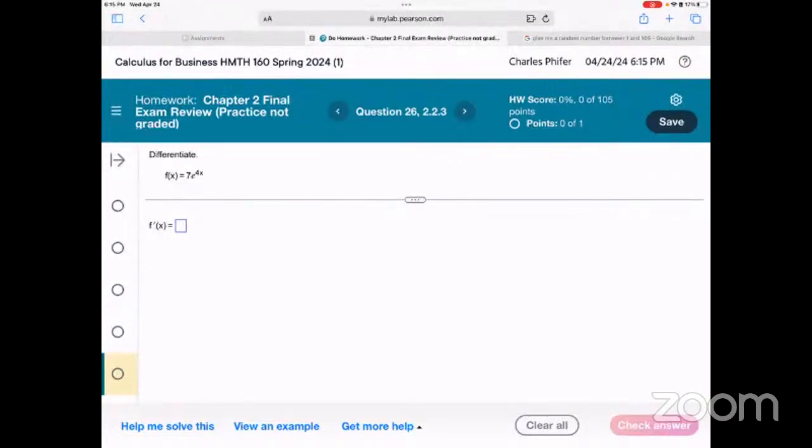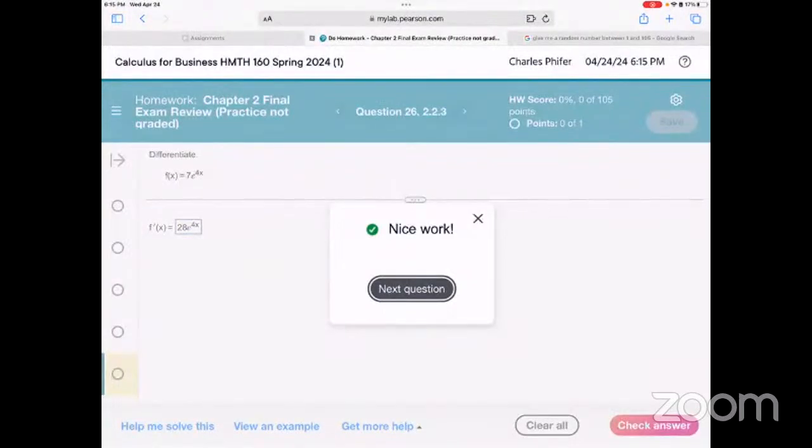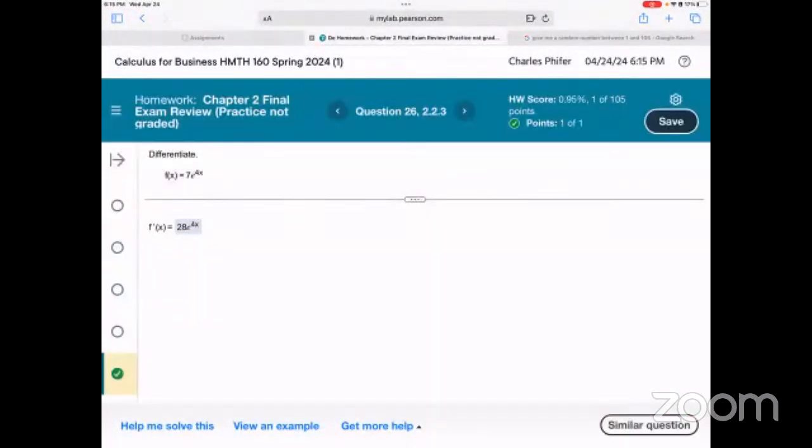So it's its own derivative, so we say 7e to the power of 4x, and then times the derivative of the power, which is just 4 in this case. So we say that result times 4. That's going to make this a 28, and we should be good. Again, if anything's not clear there, just let me know, and I can recap and go back.